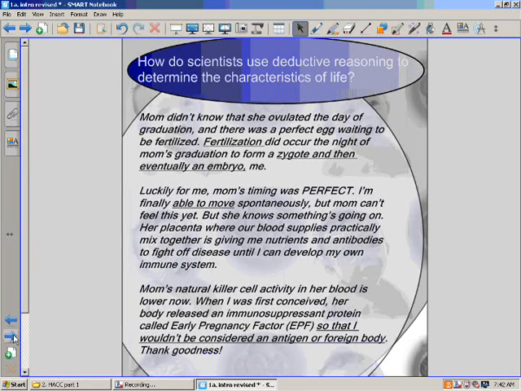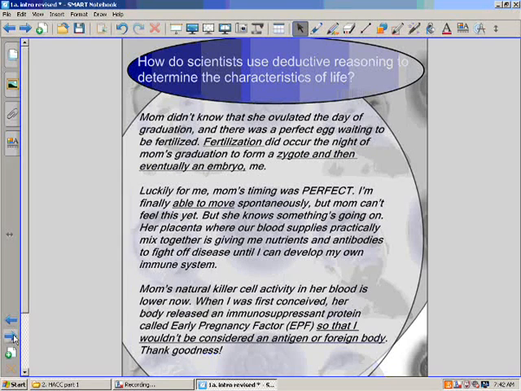She knows something is going on. Her placenta, where her blood supply is practically mixed together, is giving me nutrients and antibodies to fight off disease until I can develop my own immune system. Mom's natural killer cell activity in her blood is lower now. When I was first conceived, her body released an immunosuppressant protein called early pregnancy factor, EPF, so that I wouldn't be considered an antigen or foreign body.